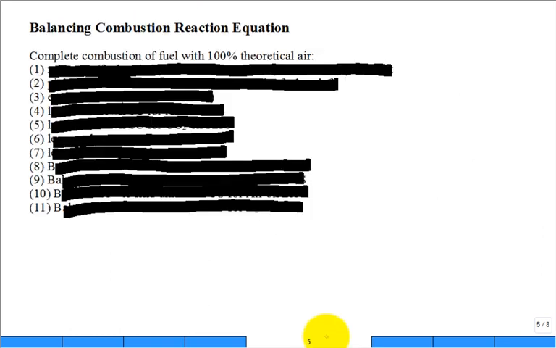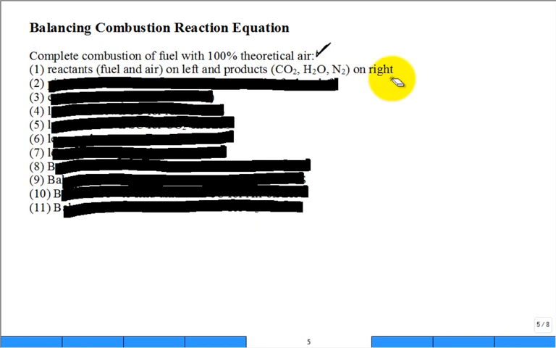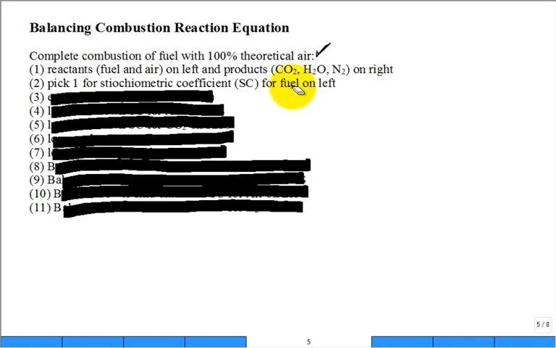Let's review what we did. If you have to balance an equation for combustion of a fuel, put the reactant, that's the fuel, and the air on the left-hand side, and the products, and the products are going to go to CO2, water, and then leave the nitrogen over on the right-hand side. So the fuel plus the air is on the left.